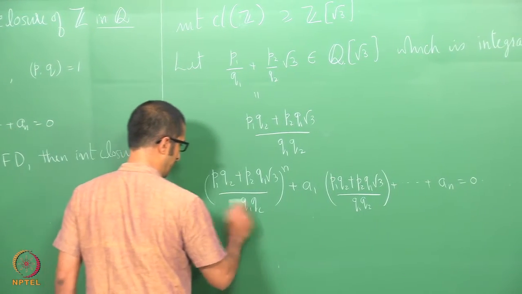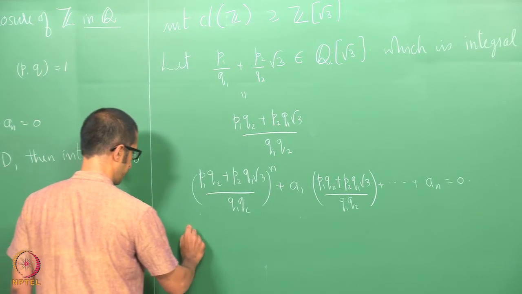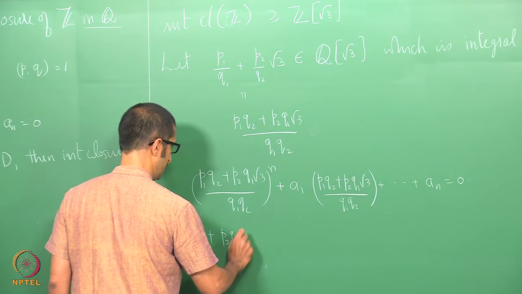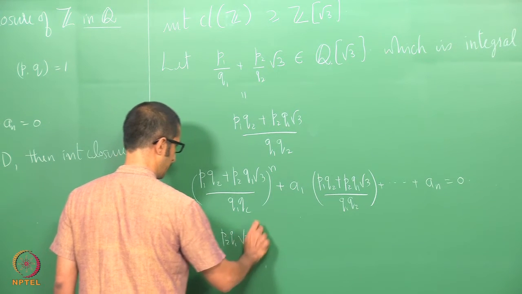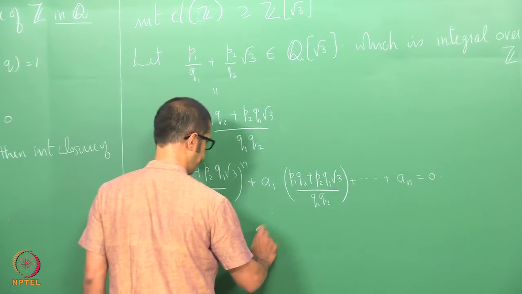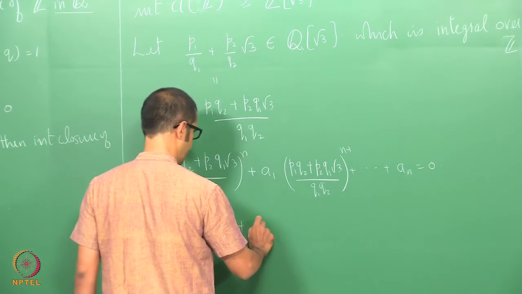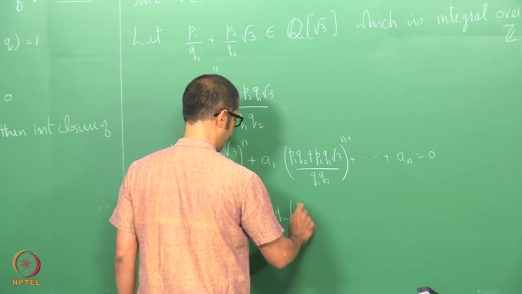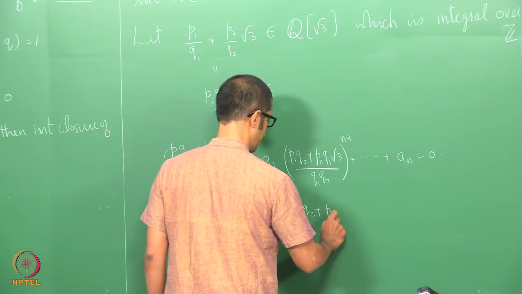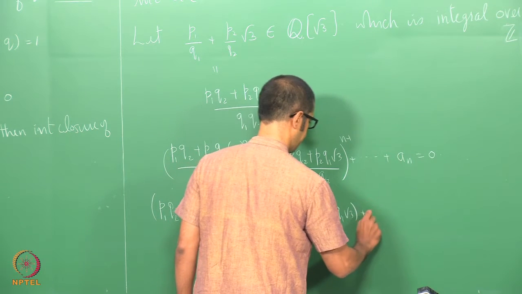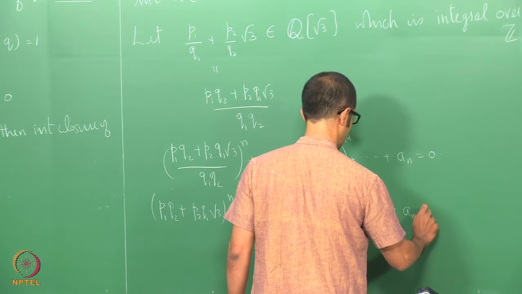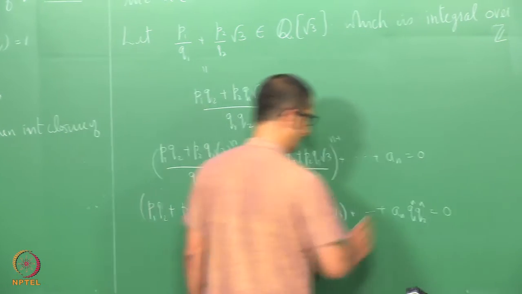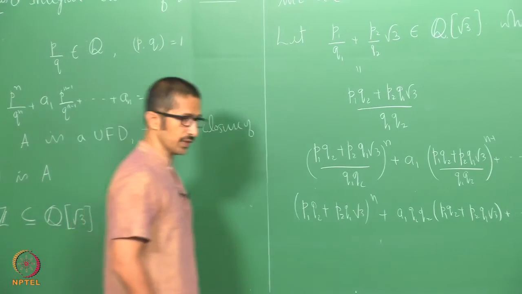So if I multiply by (Q1 Q2) power n, what we get is (P1 Q2 plus P2 Q1 root 3) whole power n plus, oh this is n minus 1, a1 Q1 Q2 (P1 Q2 plus P2 Q1 root 3), and so on, an (Q1 Q2)^n, this is 0.